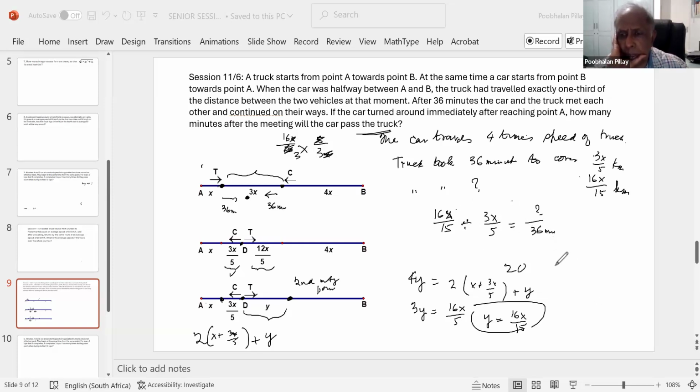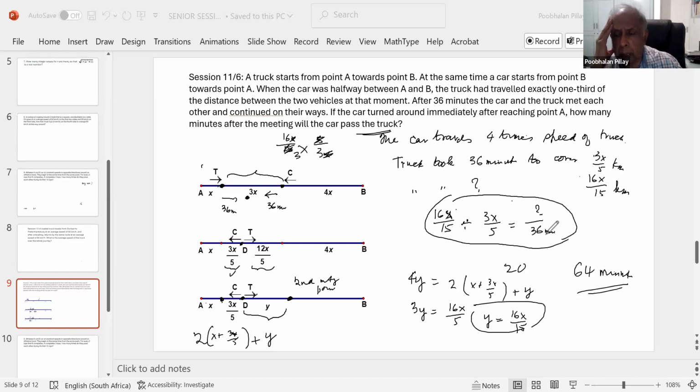So this divided with this, and then multiply that by 36. So you got 16 over 9 multiplied by 36. I think you're going to get 64. I'm not sure, but you can check this. But it's quite clear what you have to do. You have to find the question mark.